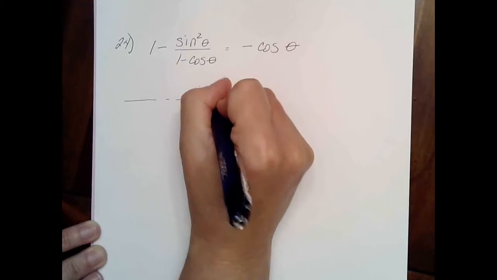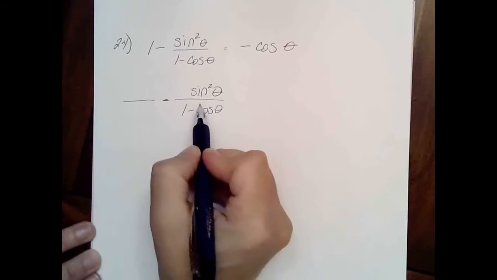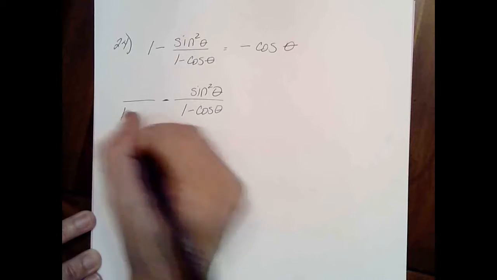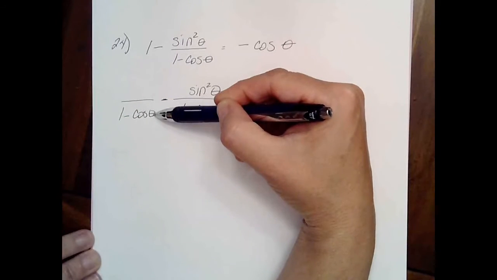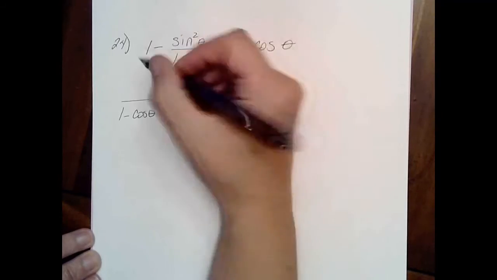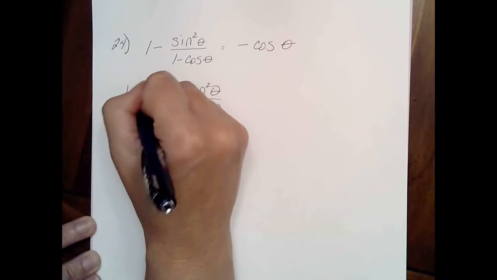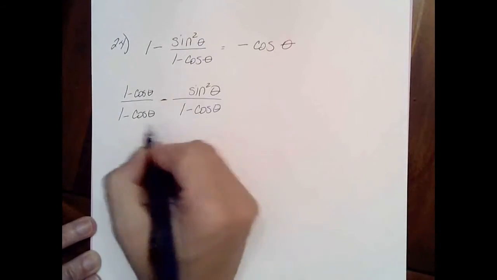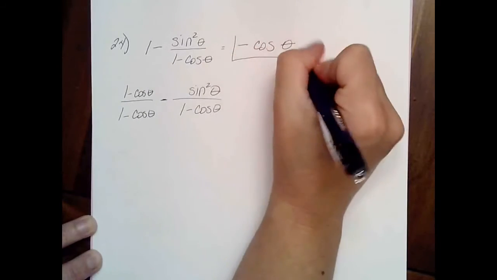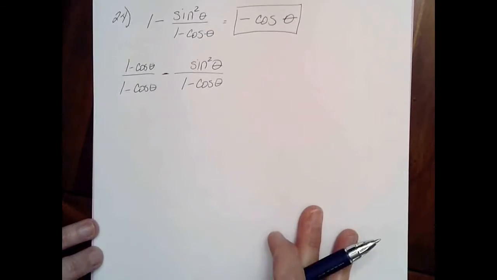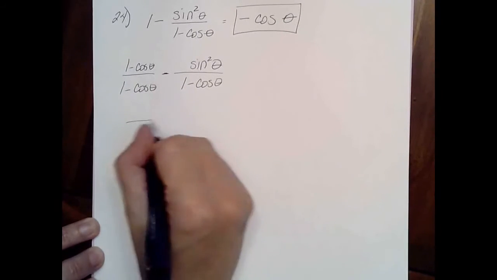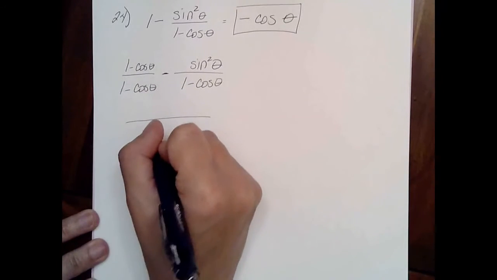So this denominator has to be 1 minus cosine theta, multiply in the denominator and the numerator. And by the way, it's just 1 times that, right? So it's 1 times cosine theta. Oh, this is where we're going. It's always nice to see where you're going. The negative is throwing me a little bit, but we'll figure that out as we go. Okay, so that's going to make it 1 minus cosine theta.